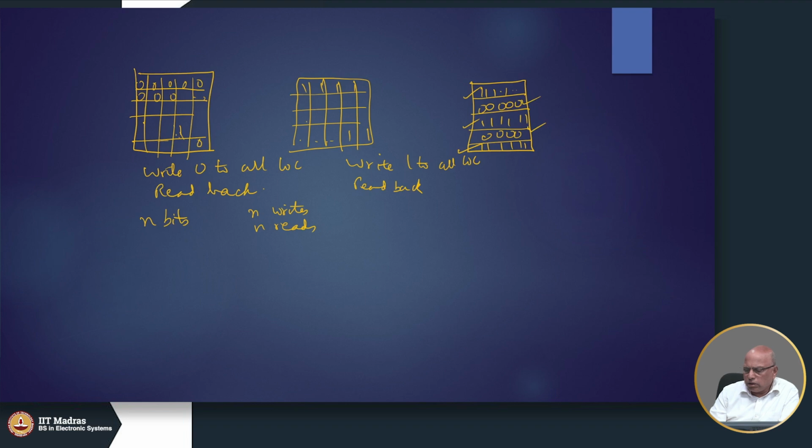And when you read back, you have to get the same pattern. If you get anything else, it could be because of some address decoder fault, etc. Then you can interchange. You can make these zeros and these ones. These are called row bars.